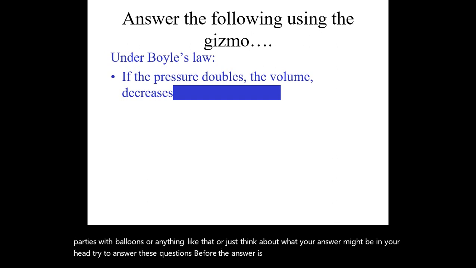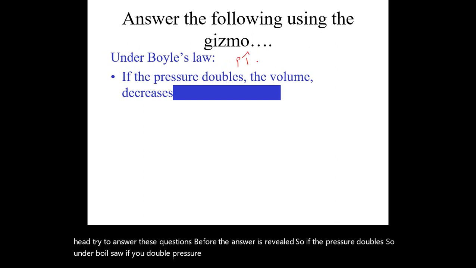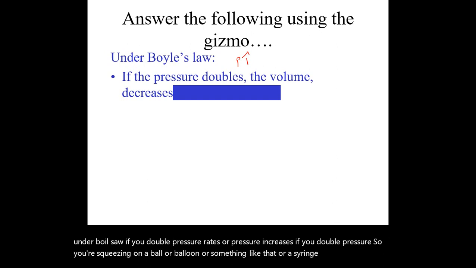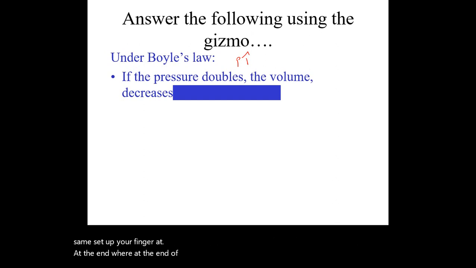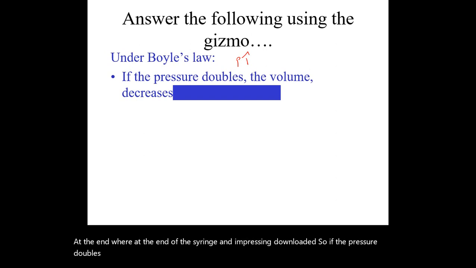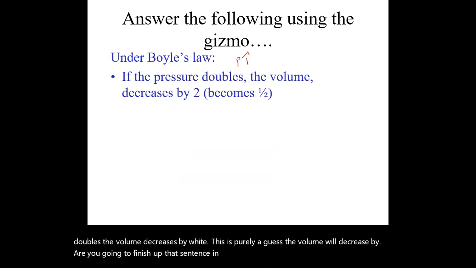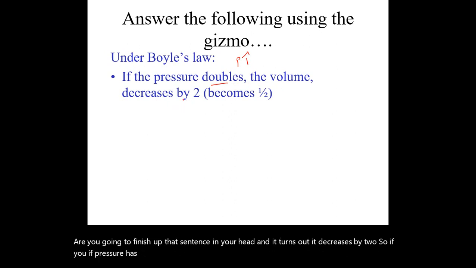If you double pressure, so you're squeezing on a ball, a balloon, or a syringe with your finger at the end and pressing down, the volume decreases by what? This is purely a guess. It turns out it decreases by 2. So if pressure has doubled, volume has decreased by 2.